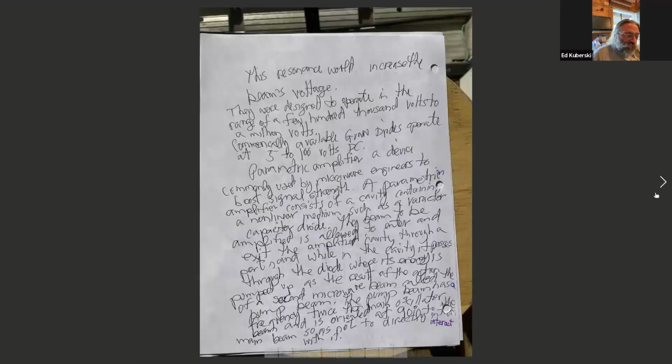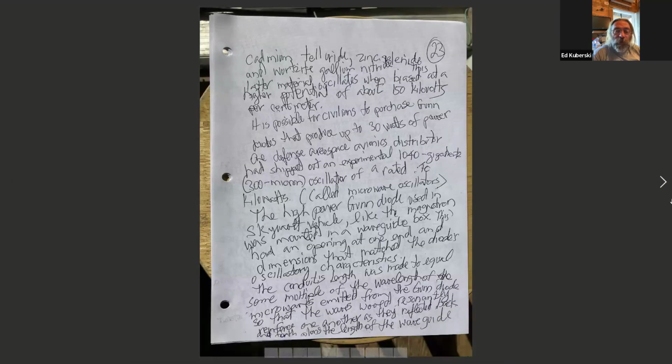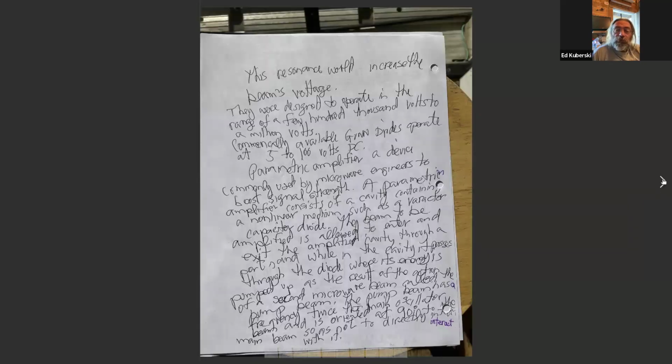So essentially, we're setting up a soliton, a standing wave that bounces back and forth. So the dimensions have to be very critically tuned to the frequencies that they're looking for, right? Okay, so this resonance would increase the beam's voltage.